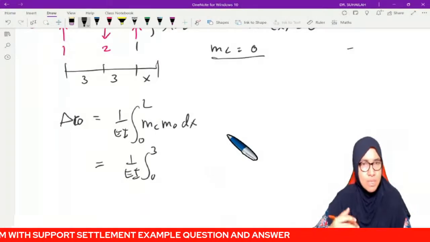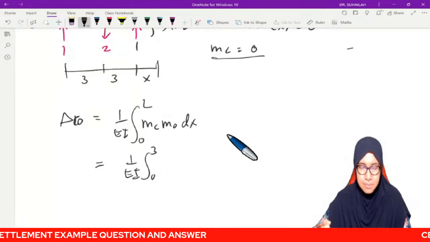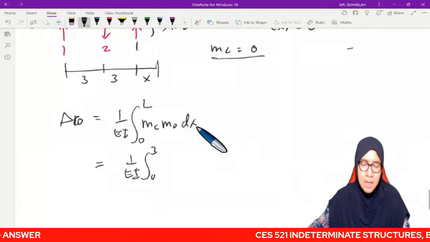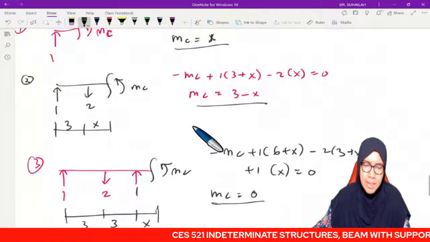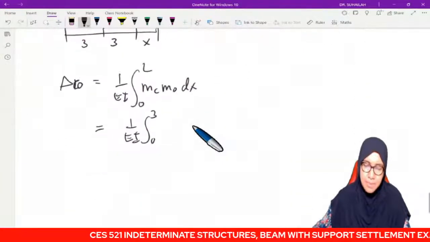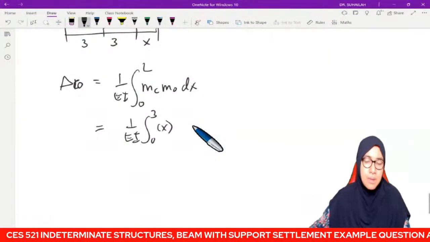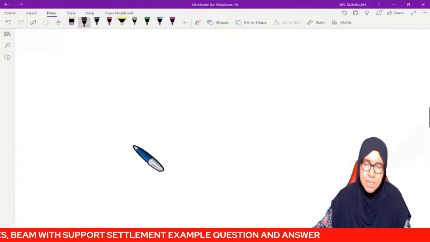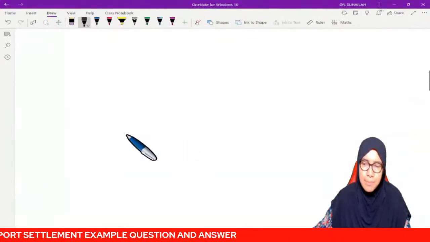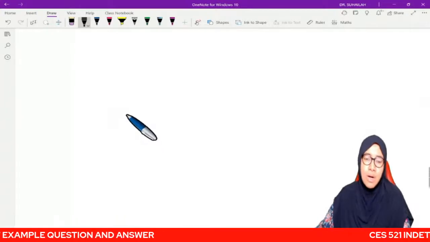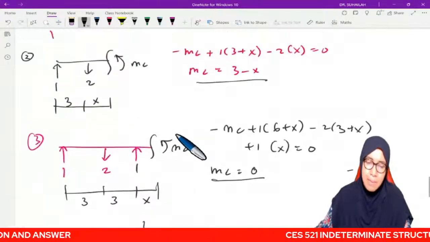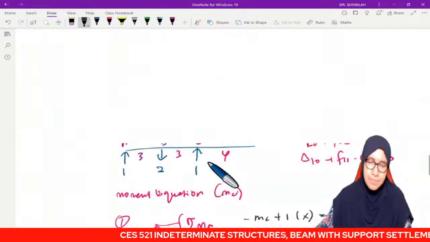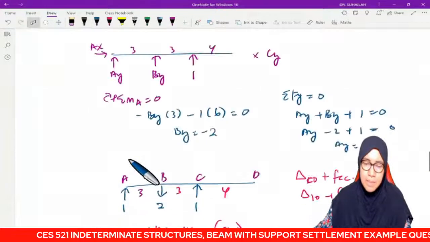Section number 1, MC for section number 1 is X, and we have to times with M naught for the primary system.